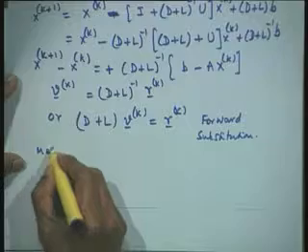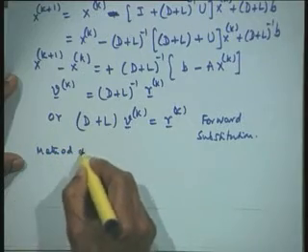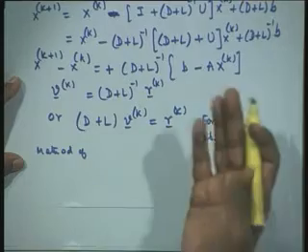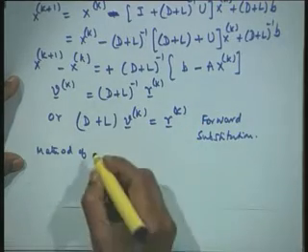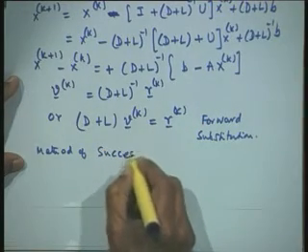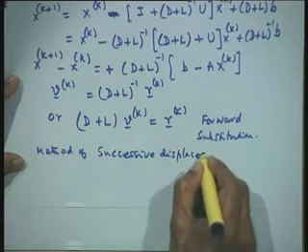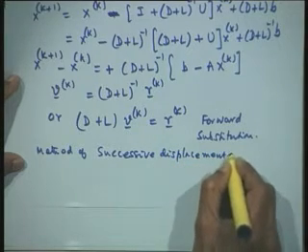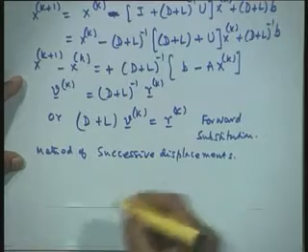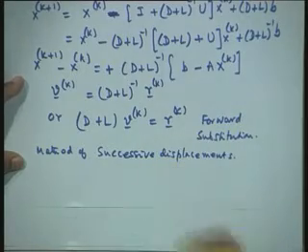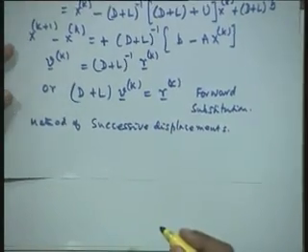In the previous case, all of them are displaced on the right hand side simultaneously, whereas here it is done successively. So, this is the method of successive displacements. As and when it is available it is used, therefore displacements are used successively.